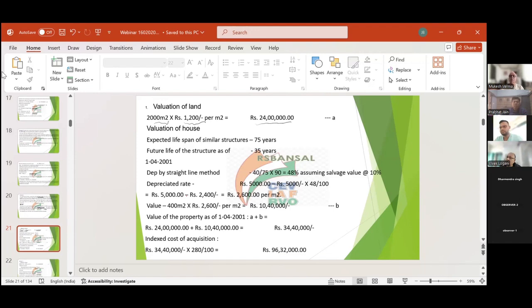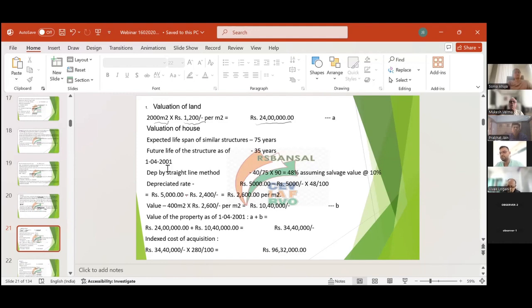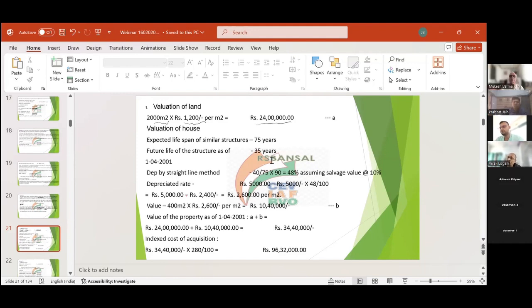And the expected lifespan we assume at 75 years. The future life of the structure on 1st April 2001 is assumed as 35 years. So we can calculate depreciation assuming 10% as salvage value: 40 upon 75 into 90, 48%, assuming a salvage value at the rate of 10%.